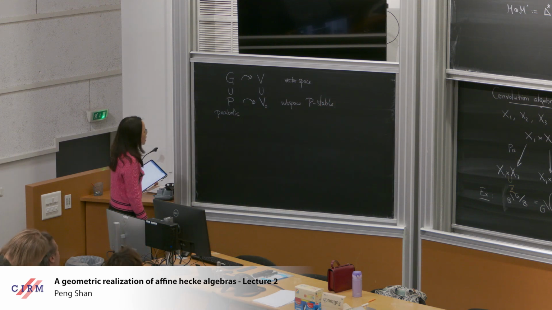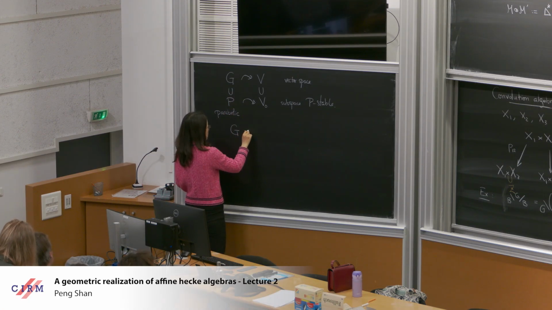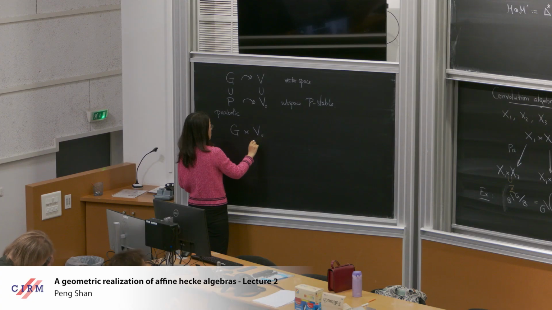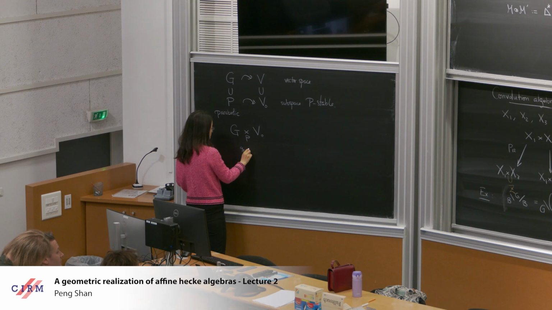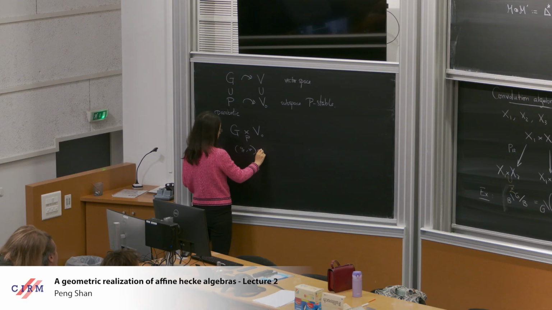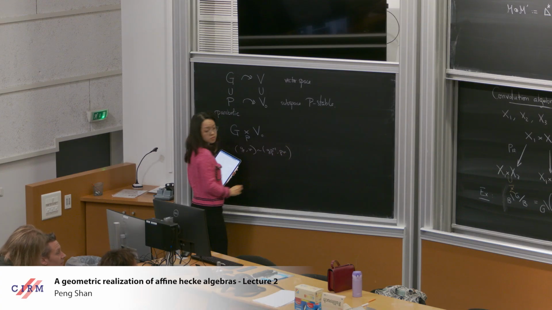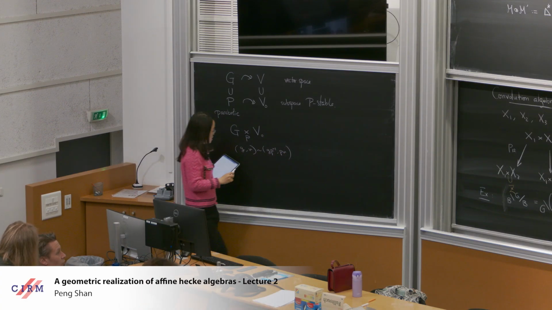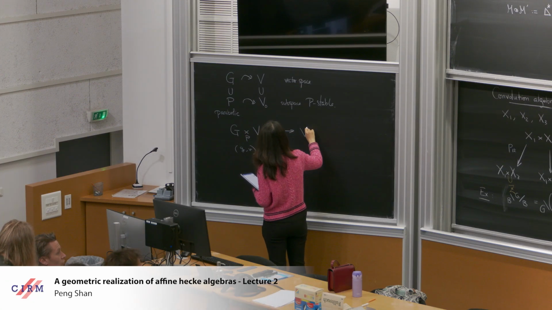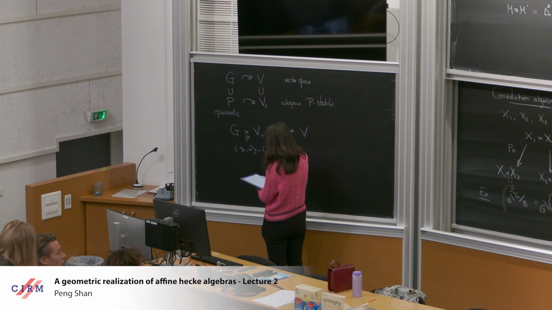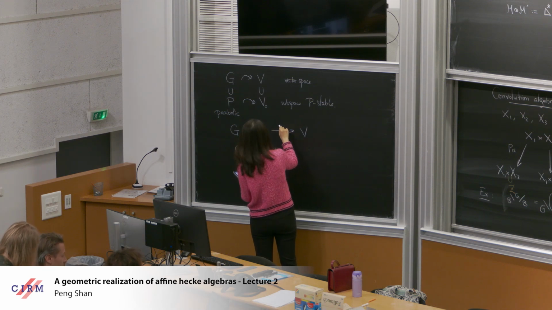Okay. And now you can do the following. First you can take the product of G with V0 over P, where this quotient is diagonal, you identify elements of this form. And then because your group acts on the entire vector space, just by action, you have a map like this, and this map I will call pi.